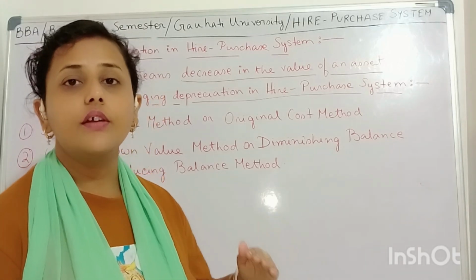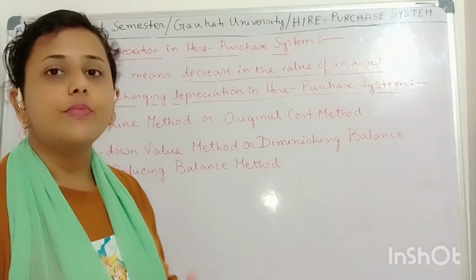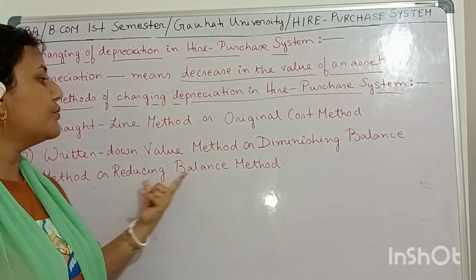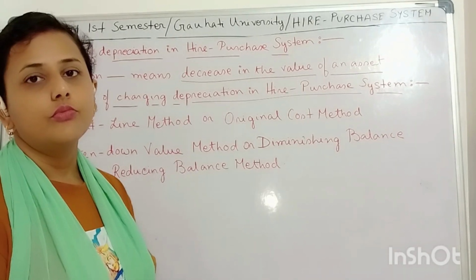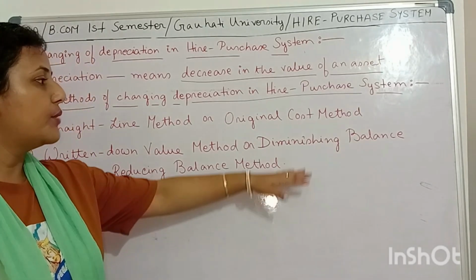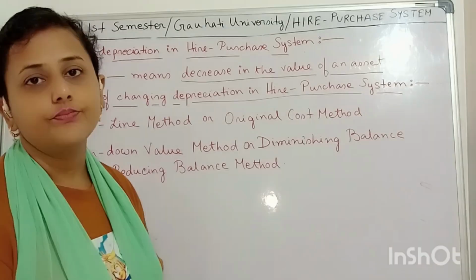So every year, in the second method, the amount of depreciation goes on decreasing. So it is called reducing balance method, or diminishing balance method or written down value method. Got it?